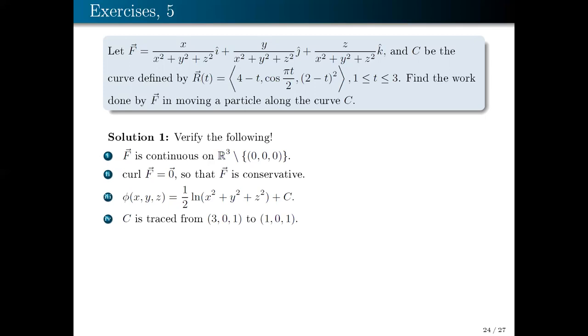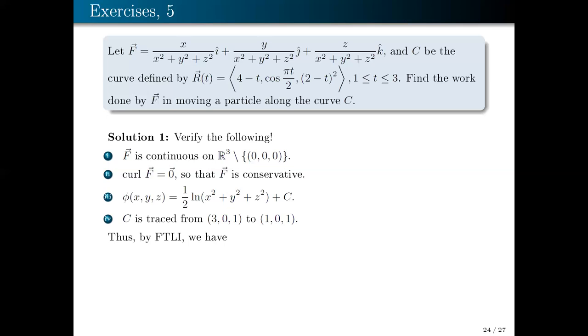So where will our first solution come from? Well, it will come from the third and the fourth observations here. We will be using the fundamental theorem here.